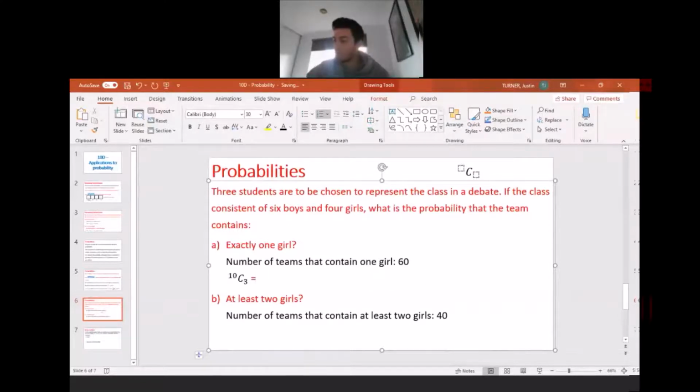So 10C3, that is 120. I've got it in my calculator. So 10C3 is 120. That's the total number of 3-person teams we can make.